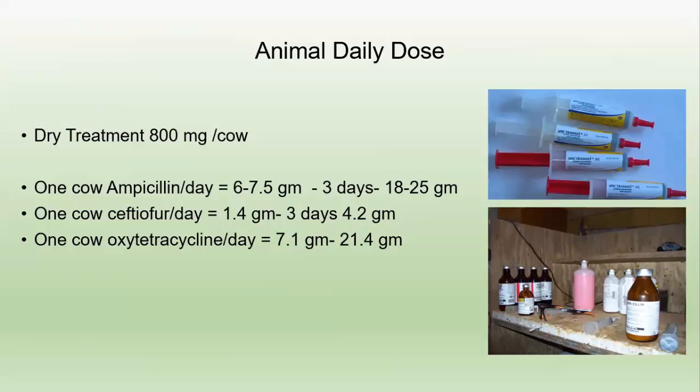That only counts as 3 animal daily doses compared to 4 animal daily doses if she's dry cow treated. But as you can see, she may be treated with 25 grams of antibiotic and only 800 milligrams if she's dry cow treated. This then can be a little deceiving when we talk about reduction of antibiotic relative to dry cow therapy.